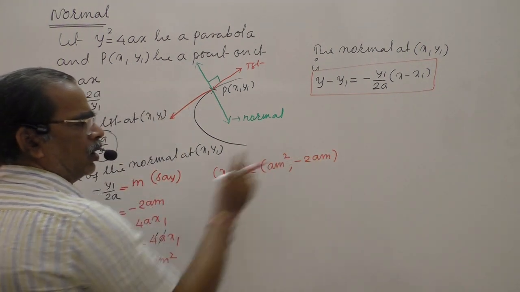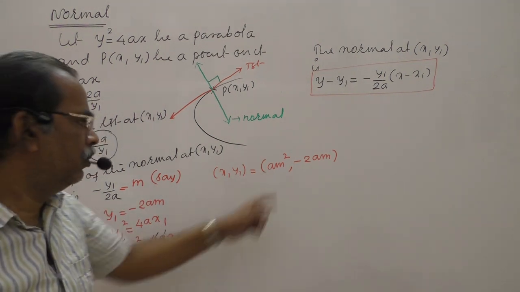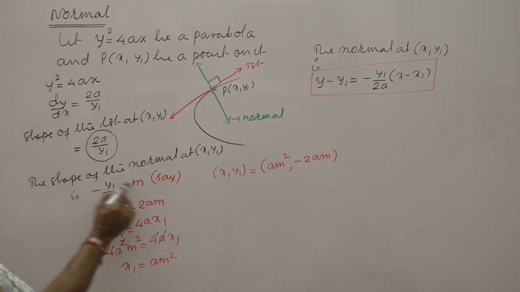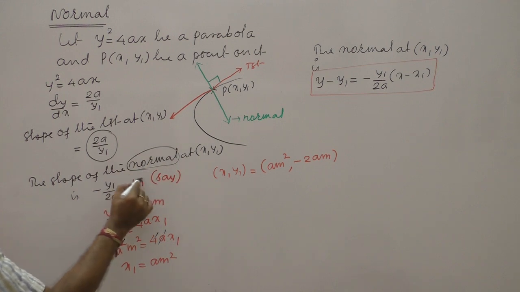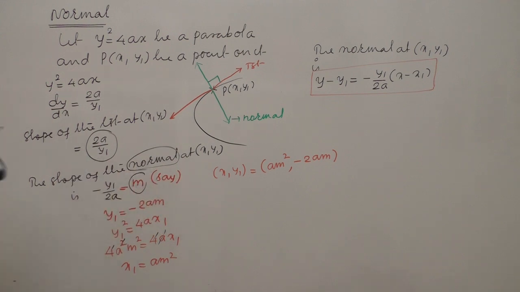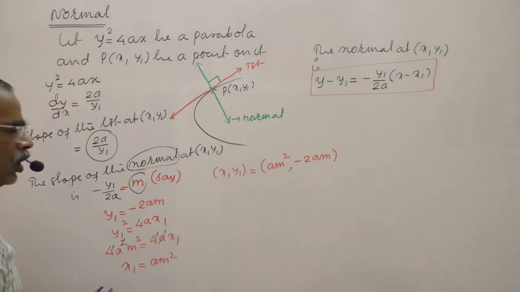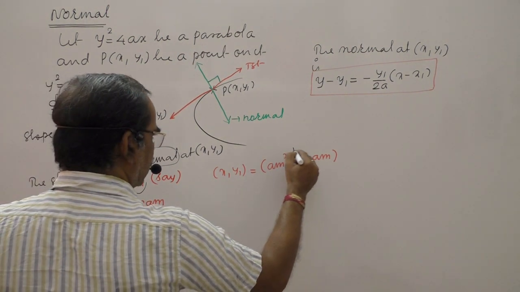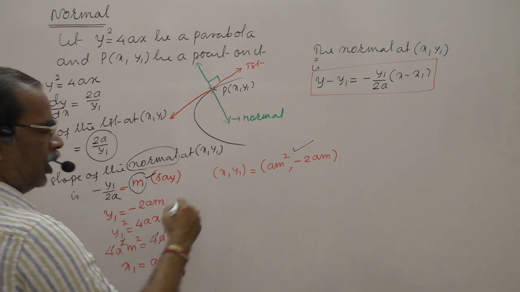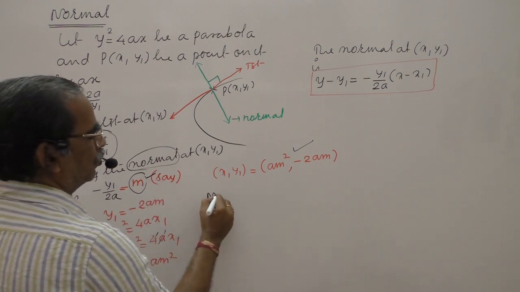In this point, m is the slope of the normal, and this is the point on the curve. Therefore, by taking this point and slope m, I will find the normal.